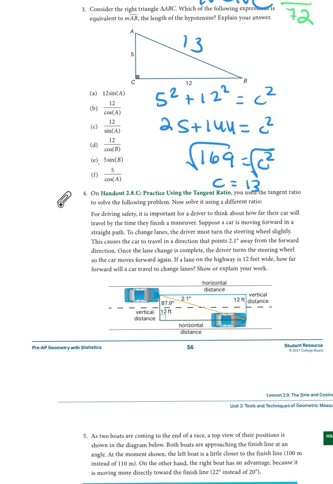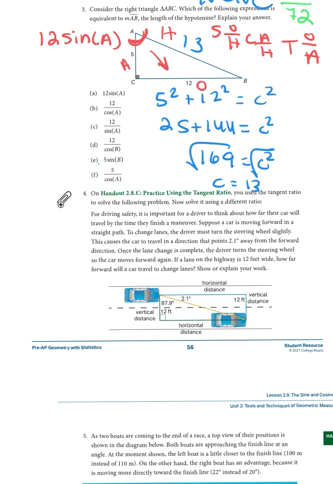So if I do 12 sine of A, well, I know from SOHCAHTOA that sine A is basically just opposite over hypotenuse, and this is the hypotenuse. If I'm doing angle A, that would mean that my opposite is this one, and this is my adjacent.